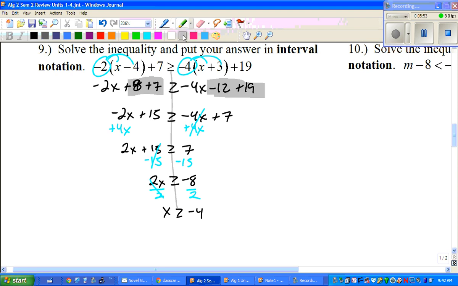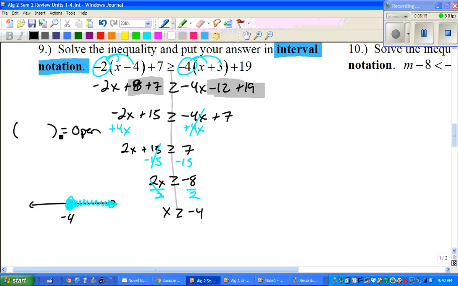Okay? And now it says that we got to put our final answer in interval notation. Okay? And to help us do that, I'm going to graph it first. Is it open or closed? It's closed, and then we need to shade to the right. A couple things to remember about interval notation is the parentheses mean open, the brackets mean closed.